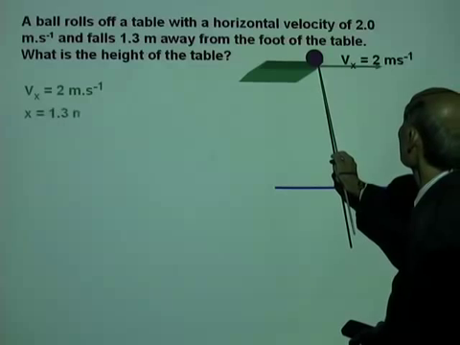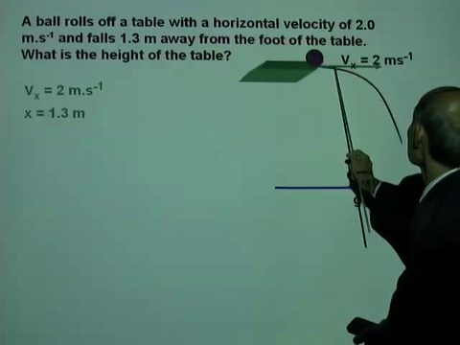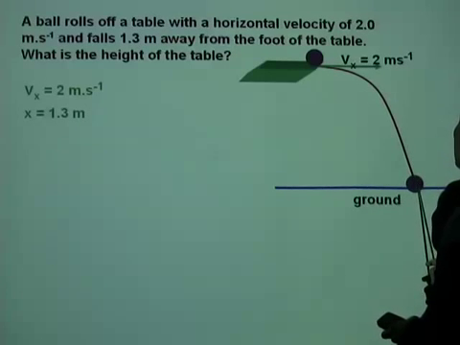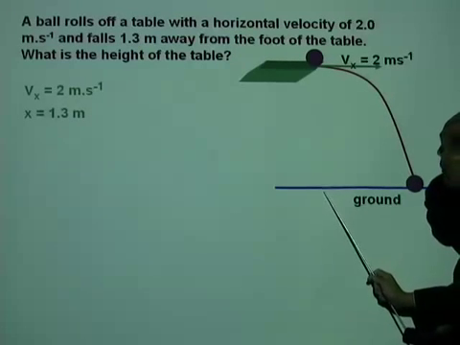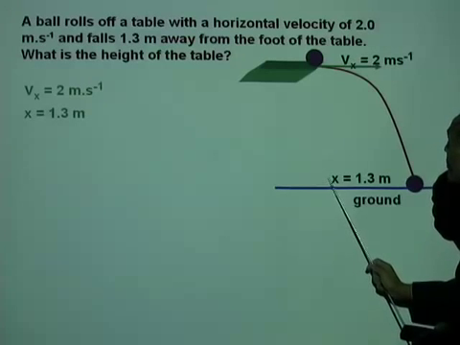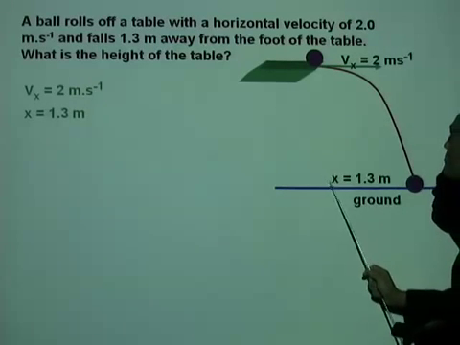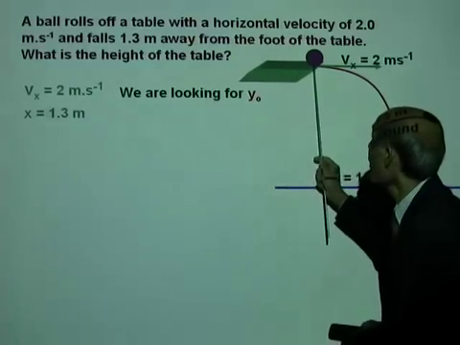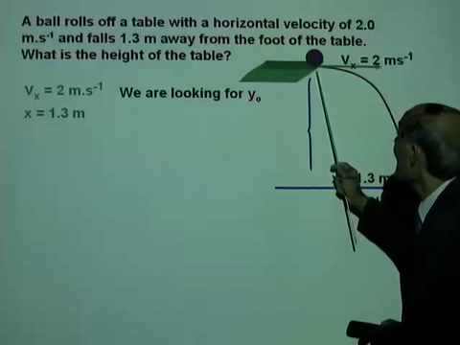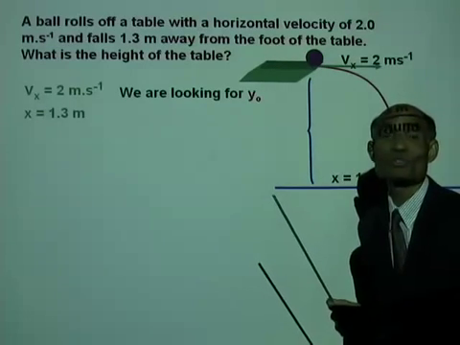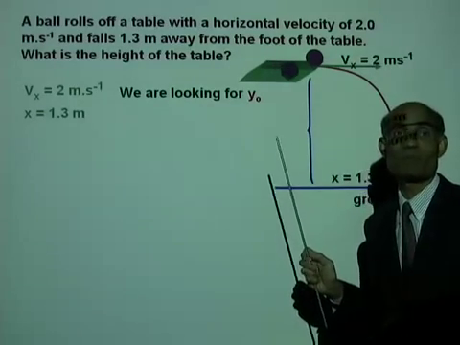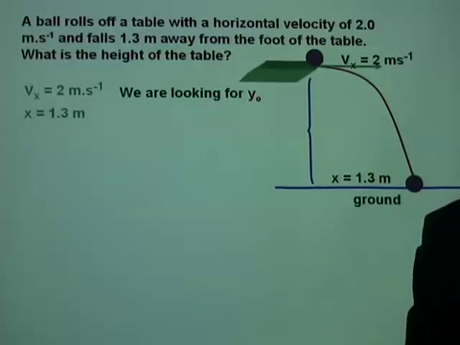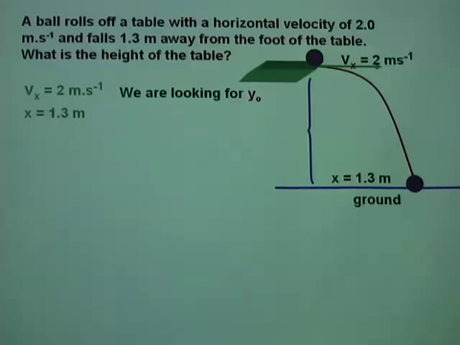It falls in a path like this. And the horizontal distance traveled is x equal to 1.3 meters. Now we are looking for y0, the height from where the ball was dropped, the height of the table. You can see the ball projected there. Look at that one more time.